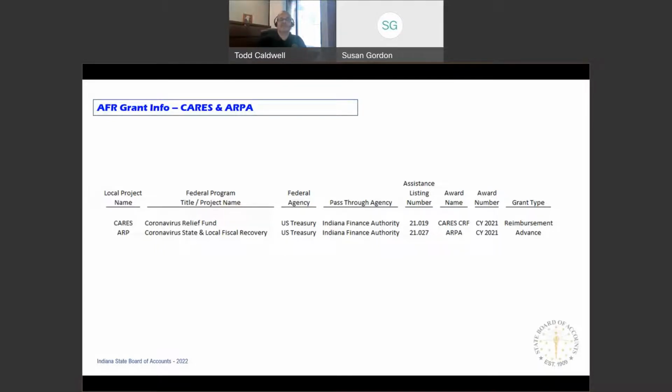And those are for the basic. There are other CARES grants out there that might be specific, like for an airport, that would have a different assistance listing number. So you want to make sure you have that.